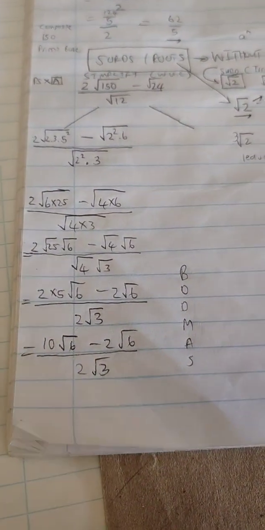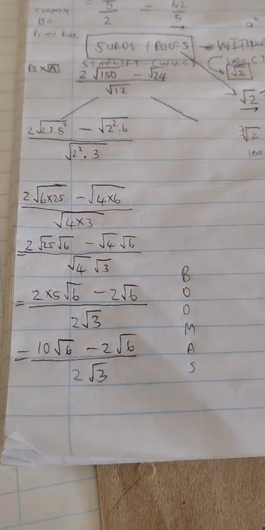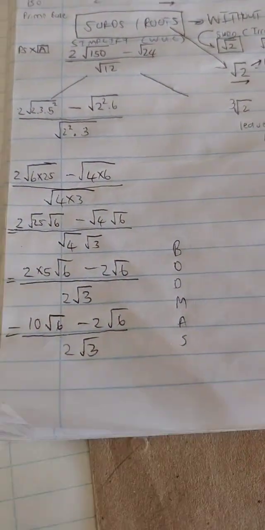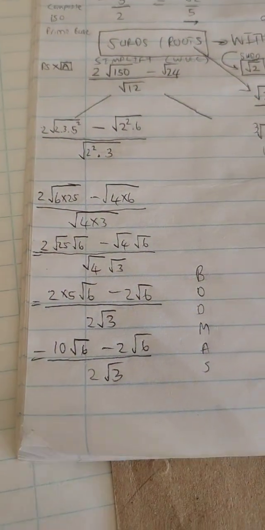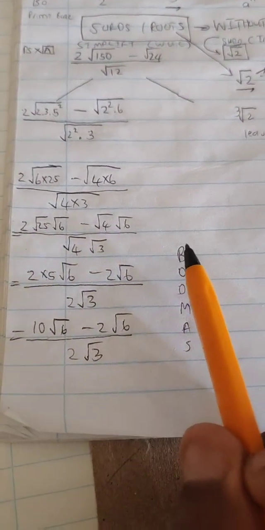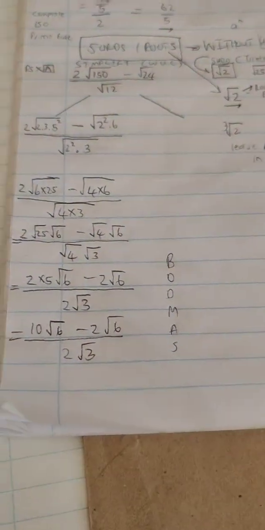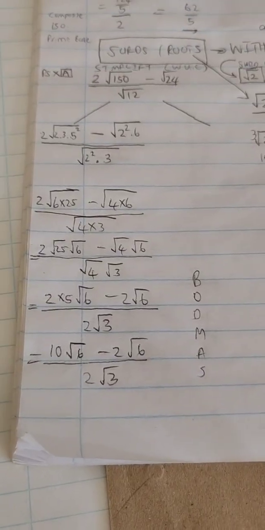And I'm expecting you in the comment section, if you are lost somewhere, to not wait until I'm done at the end and then ask me the question, because that's going to drive me bananas. You see this B, it's for brackets, but it's also for driving someone bananas. This D, driving me bananas. D, driving. B, bananas.